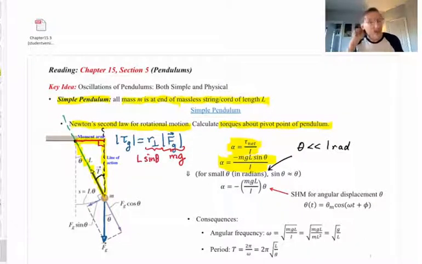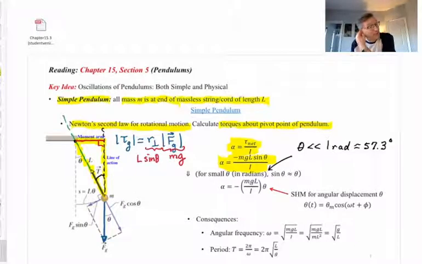It's small compared to 1 radian. I'll remind you how big 1 radian is in degrees. It's approximately 57.3 degrees. Well, 57.3 degrees is a pretty big angle. So if you measure it in degrees to say you need a small angle, 10, 15, maybe 20 degrees, not a problem. Okay?